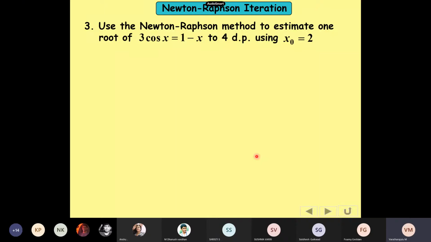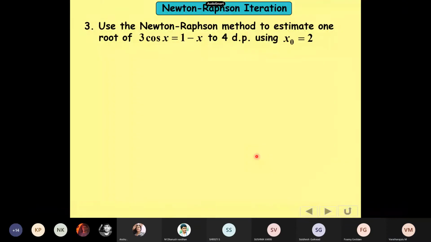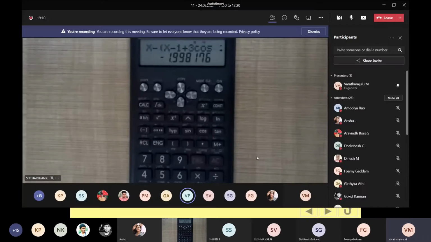What was the answer for question number 3? Minus 1.619243. Okay, keep your decimal places to 4. Minus 1.9982, sir. Siddharthan, okay, good.